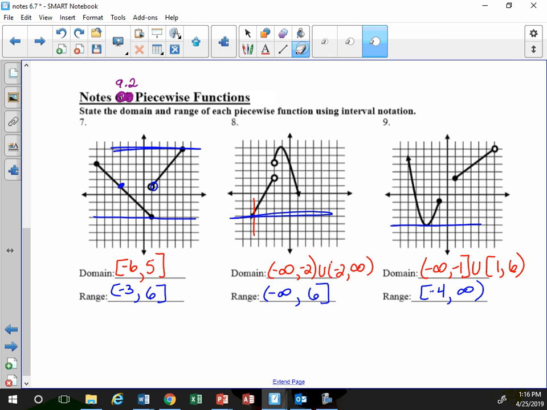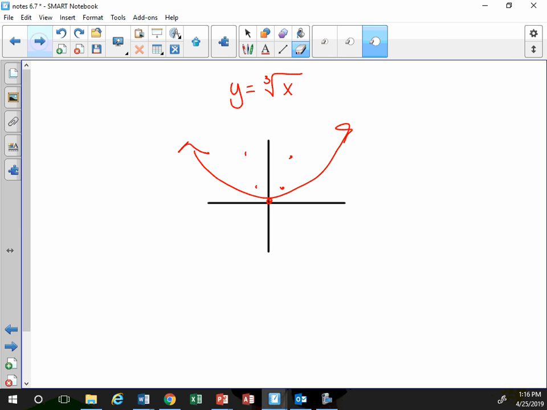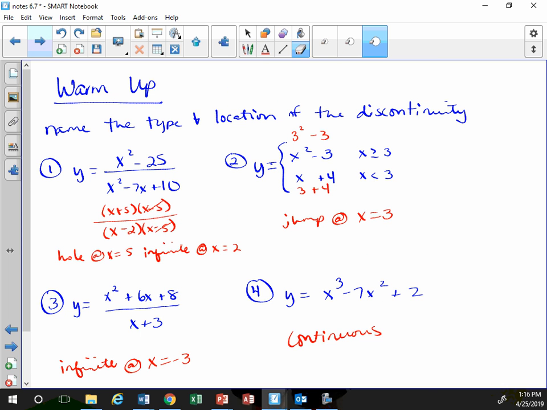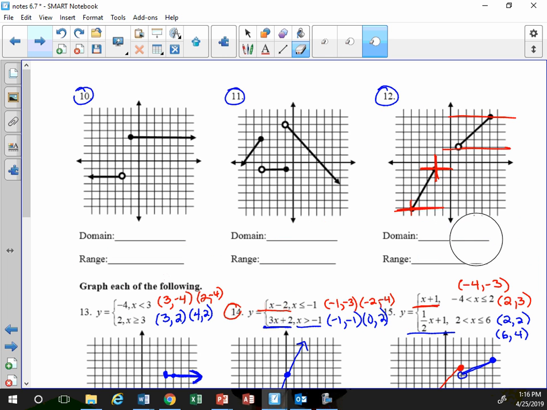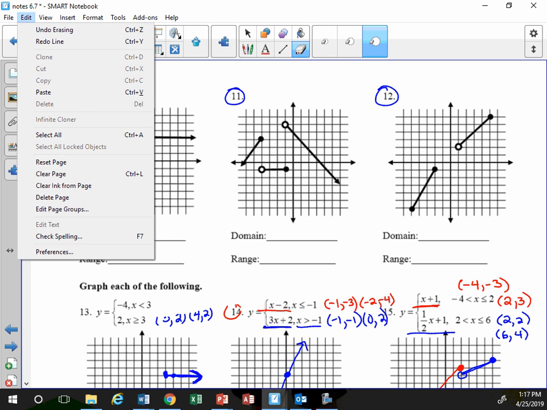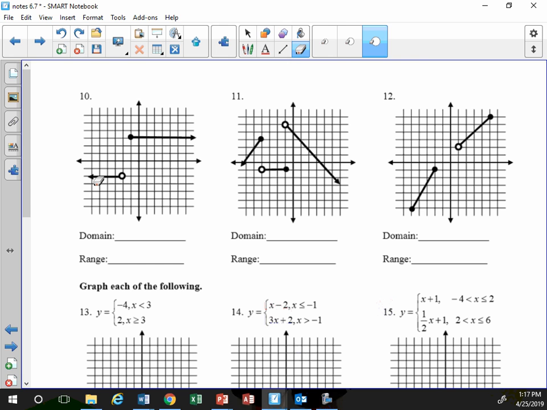I would like you to do those 3, okay? 11, 12. And I know the range on number 10 is a little weird. I like these. You like these? Good. Feel good about these?